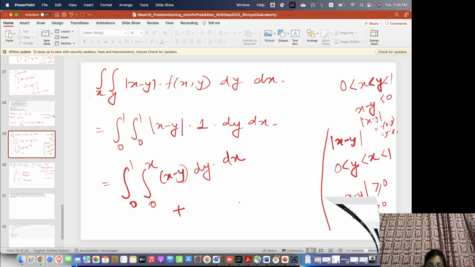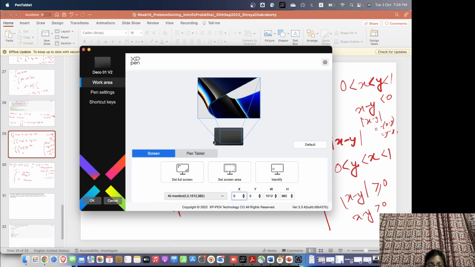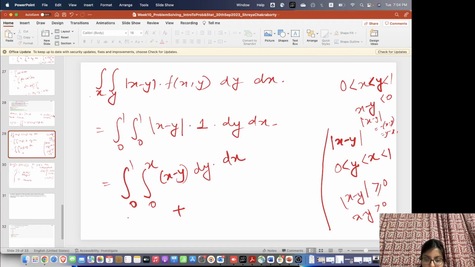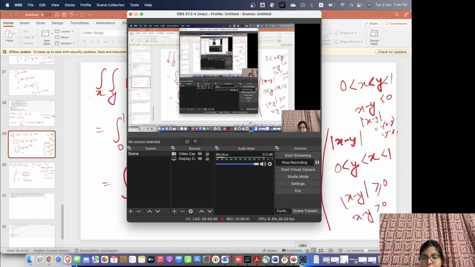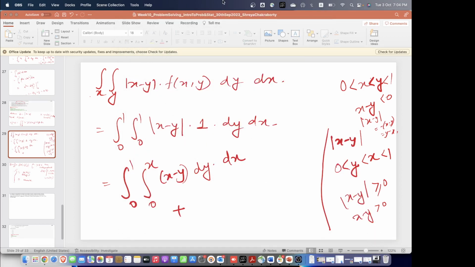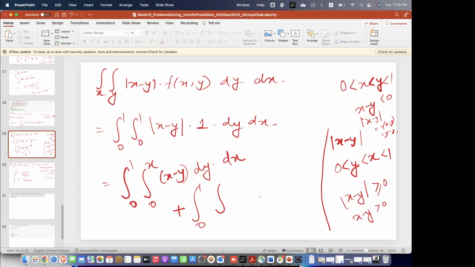So in such circumstances, what we would have is 0 to 1, now y would range from x to 1.